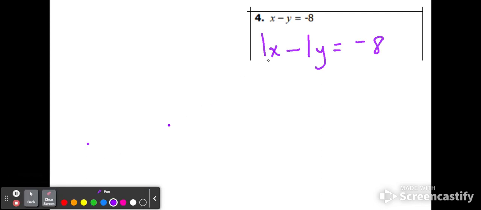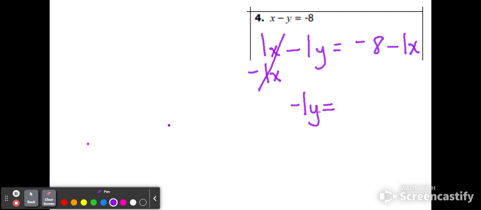Because of these being 1, we're going to leave the y where he is. We're going to move this term. It's positive, so we're going to subtract 1x. Now, realize that this is a negative 1. We are not finished. It needs to be a positive y on this side.